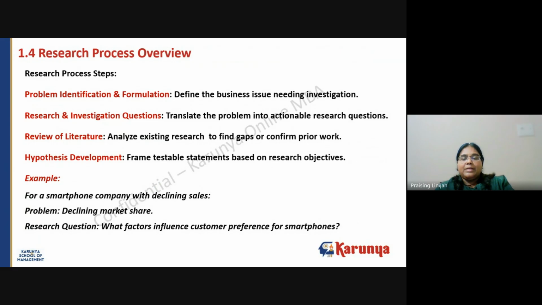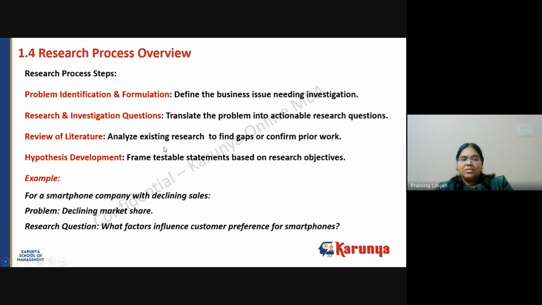The company or organization tries to identify what previous studies exist, or who has contributed in the same field, about what factors normally influence customer preference for buying smartphones. Doing a thorough review of literature is mandatory, which leads to the development of hypothetical statements.